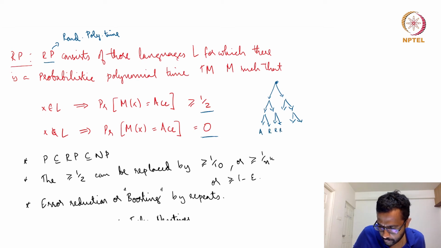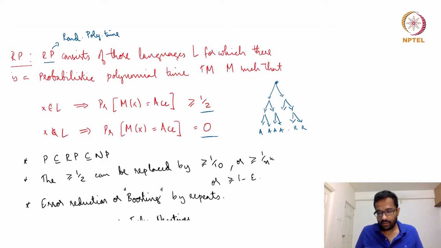All of the other things could be rejecting, but at least one accepting computation should be there. In the case of RP, what we are saying is that whenever x is in the language, at least half of the computations should be accepting. The rest we don't care. And whenever it is not in the language, everything should be rejecting, which is the same for RP as well as NP. We want all computation paths to be rejecting whenever x is not in the language.